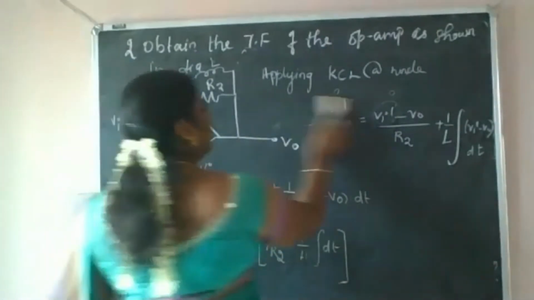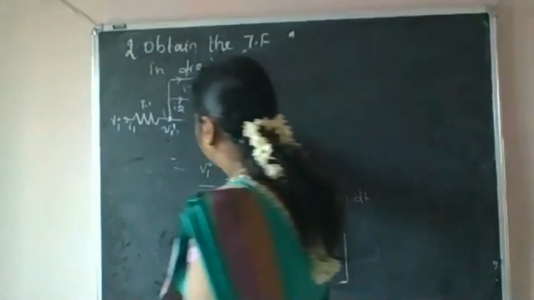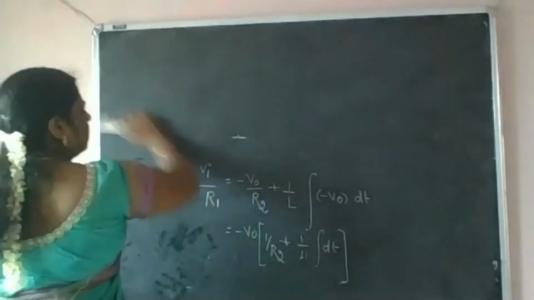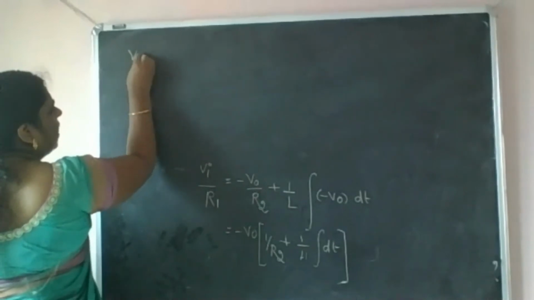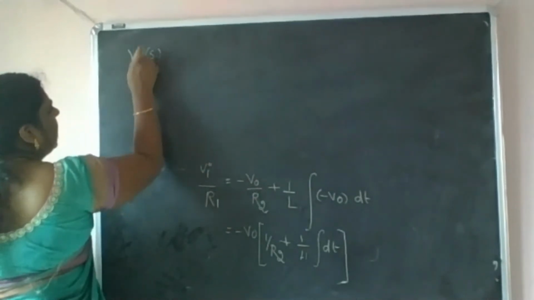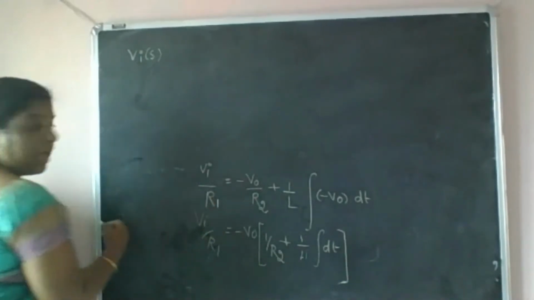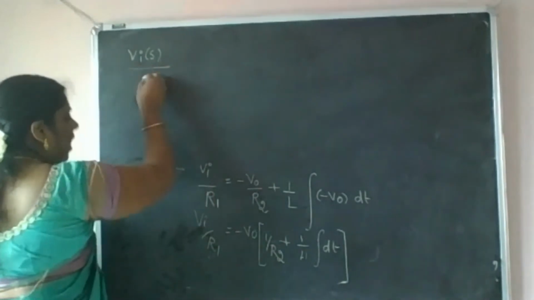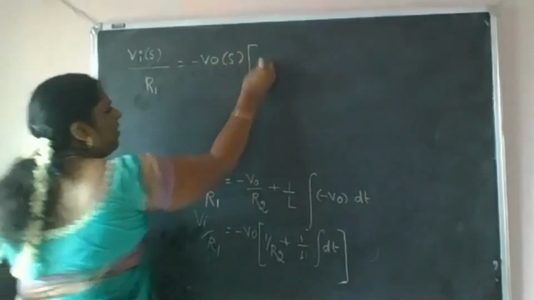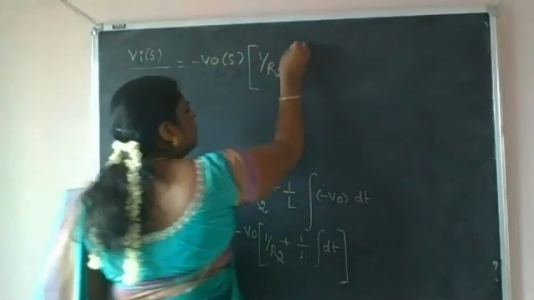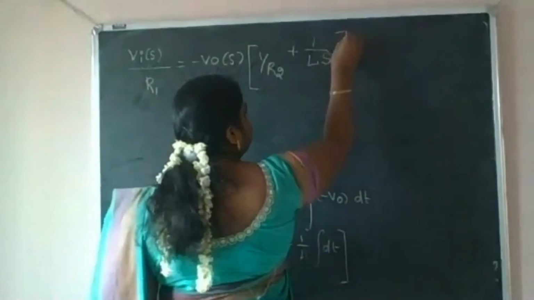Applying Laplace transform on both sides, we will get Vi(s) divided by R1 is equal to minus V0(s) into (1 by R2 plus 1 by L into the integral, where d by dt is equal to s).